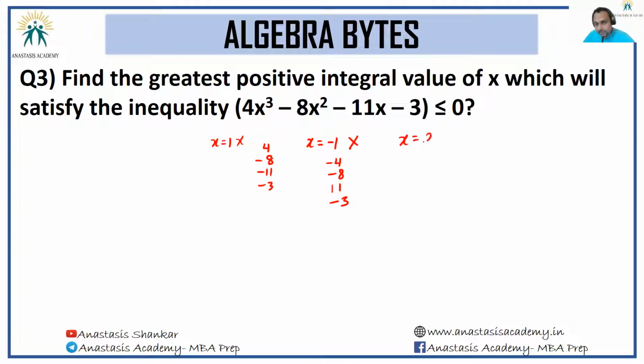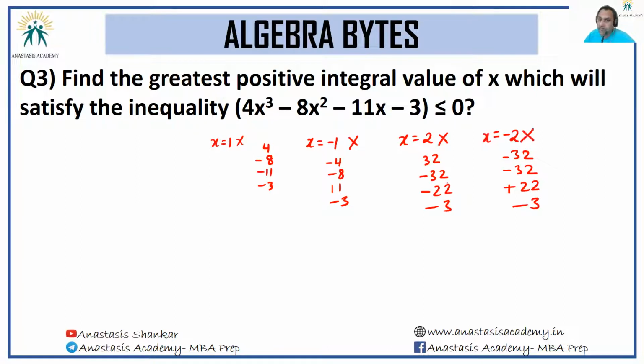Let me check x equal to 2. 4 into x cubed is 32, minus 32 minus 22 minus 3. No, this also doesn't work. Let me check x equal to minus 2. I will get 4 into minus 8, so minus 32, minus 32 plus 22 minus 3.